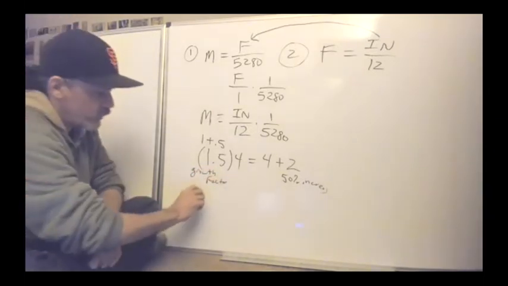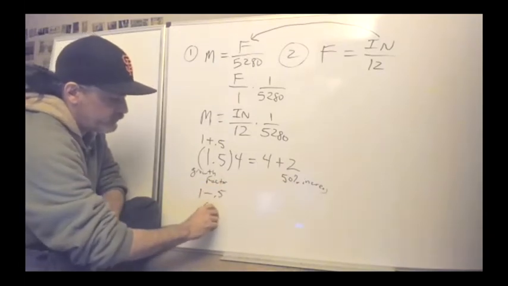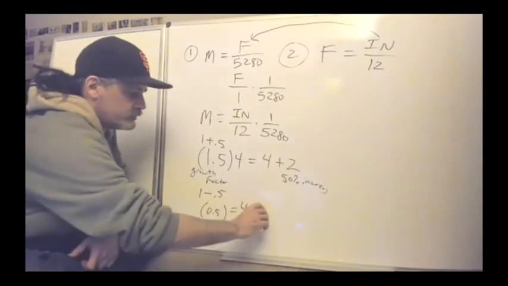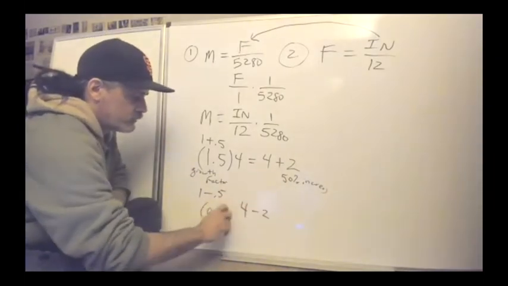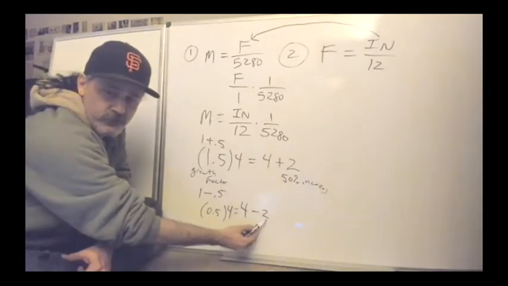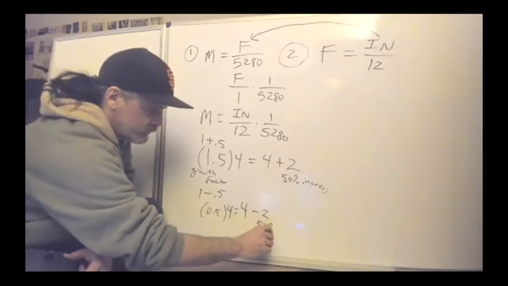Well, if this was 1 minus 0.5, that would become 0.5, and that would be the same as 4 minus 2, which means what we're taking away from the 4 is half as much. This is called a 50% decrease.